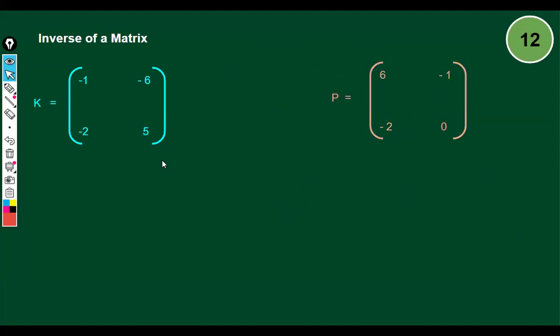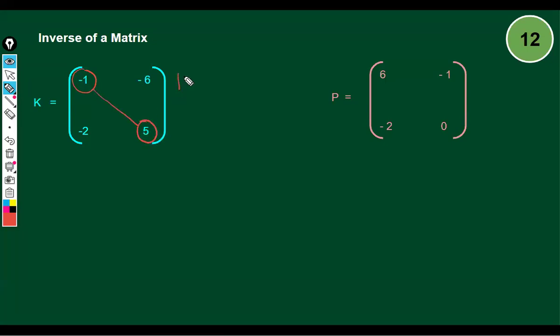Right, we have two more questions on the screen. Find the inverse of both matrices. Let's find the determinant first. That's always the first step. So multiply the main diagonal first.